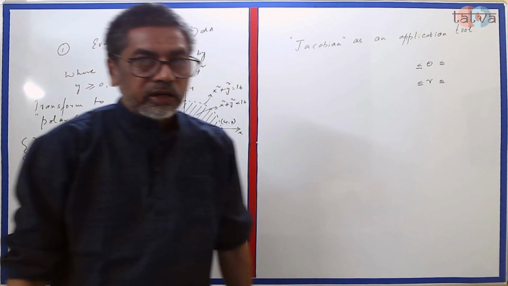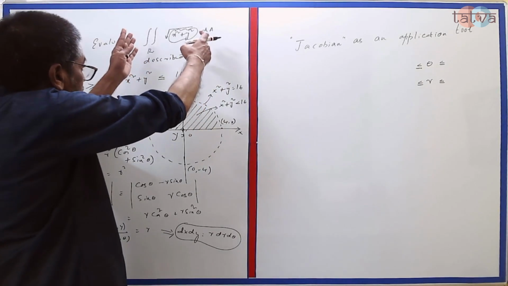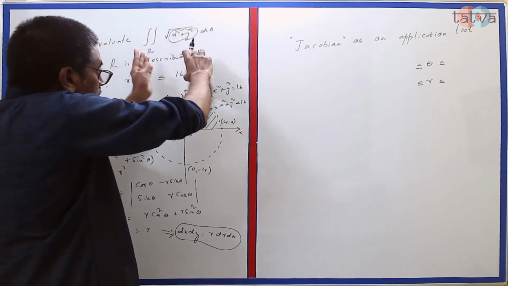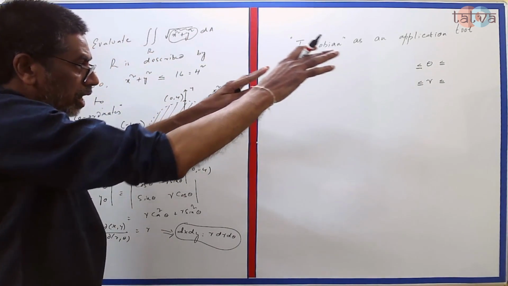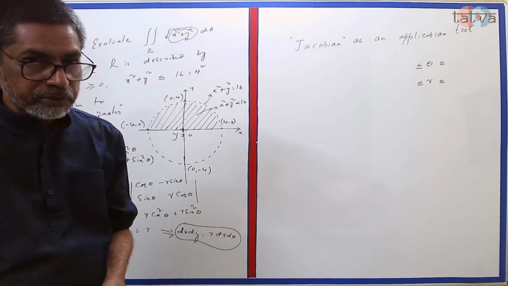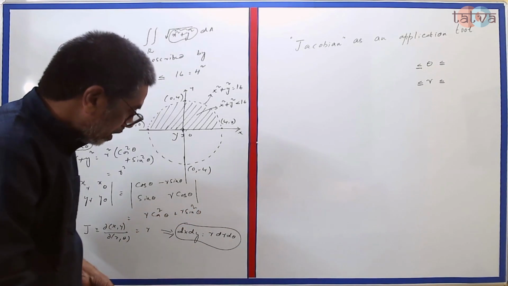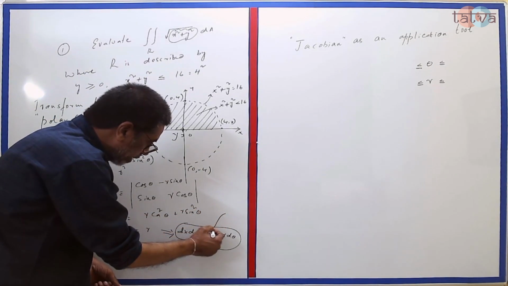Dear friends, now comes the critical stage of the problem where I'm converting this Cartesian double integral into a polar double integral. Basically, the idea is not to evaluate, that's not the main purpose. It's only to show how the Jacobian is playing a part. And you can see the presence of the Jacobian there.